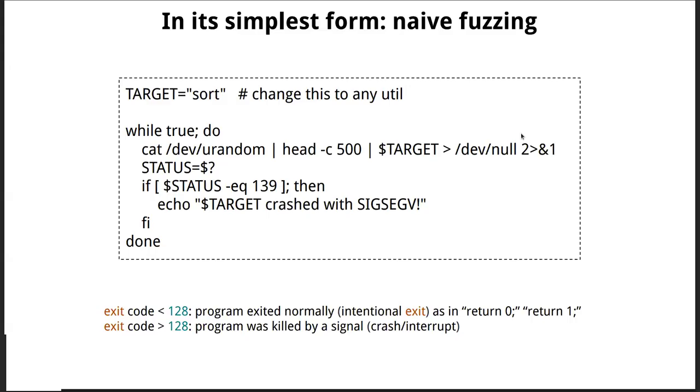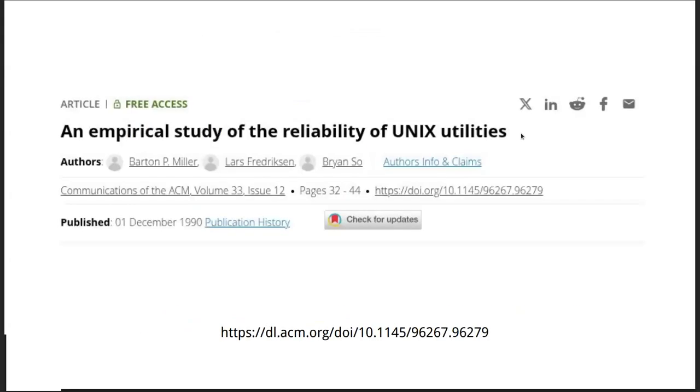So there are many other signals that can kill a program, not only segmentation fault, it could be signal abort as well. We also talked about that before. So by doing this, you can find what kind of input can trigger a vulnerability, or can at least crash the program, right?